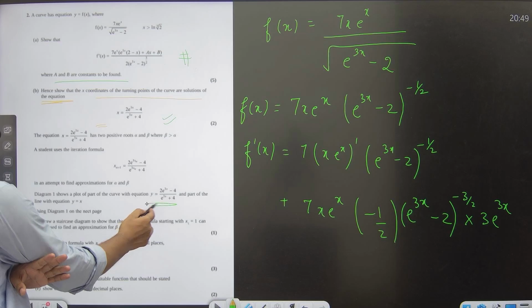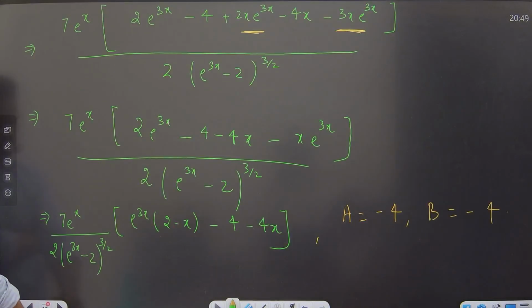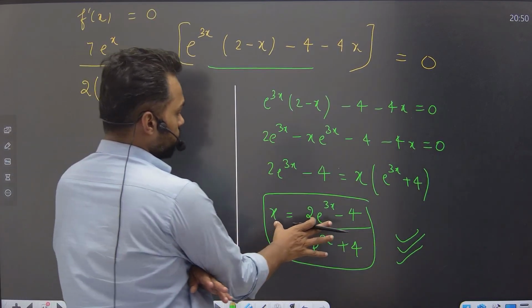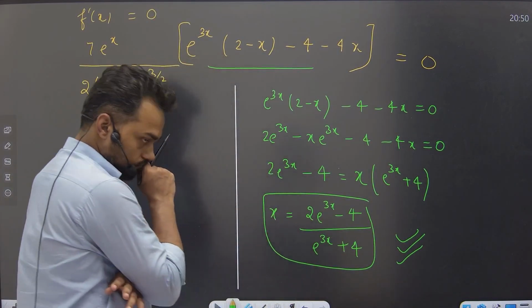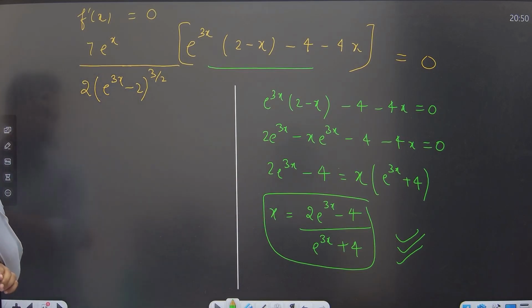See this equation as well. Now what they have done is that they have substituted this particular value, which the student is taking as y.